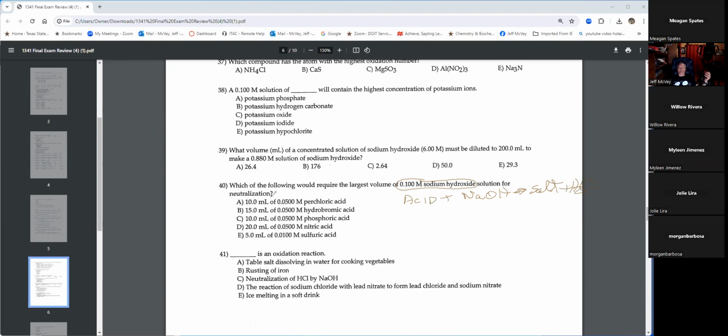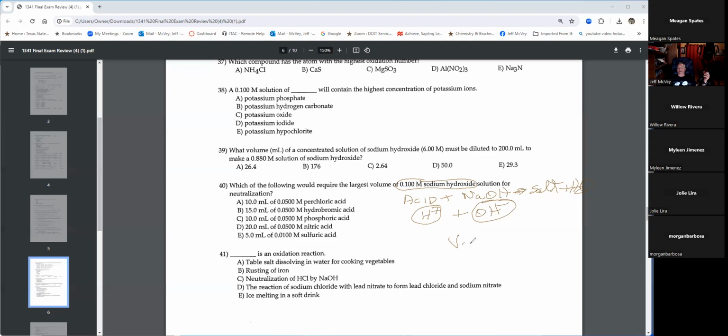That's going to depend on volume times the molarity, and every one of these acids is a little different, so you have to know the formulas for your acids. Here's the bottom line: it's H pluses plus OH minuses. The more H pluses that you have, the bigger the requirement for hydroxides. So that's all about volume times molarity.